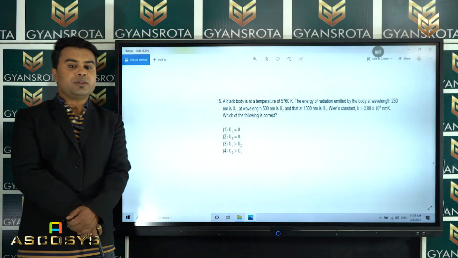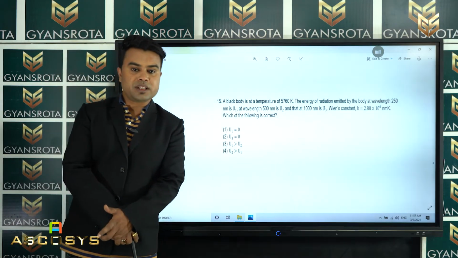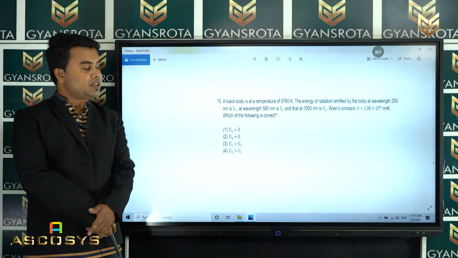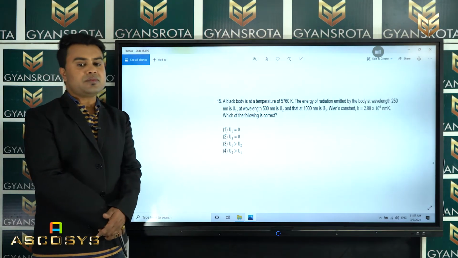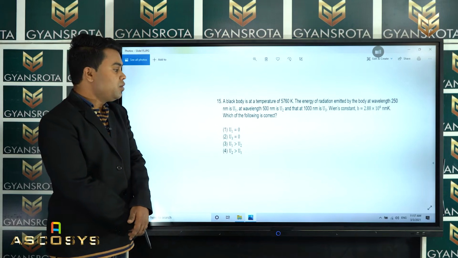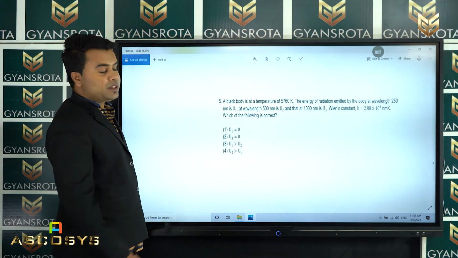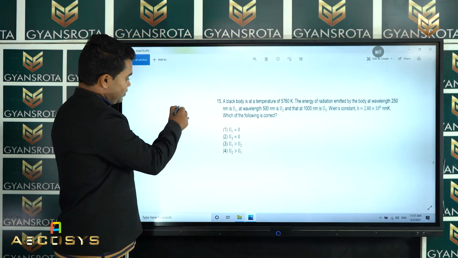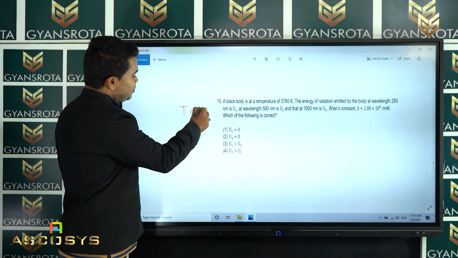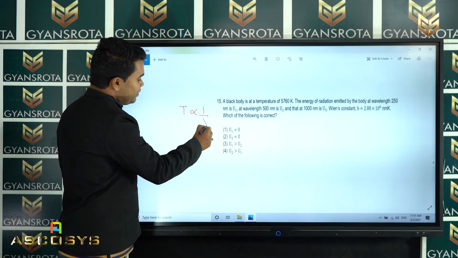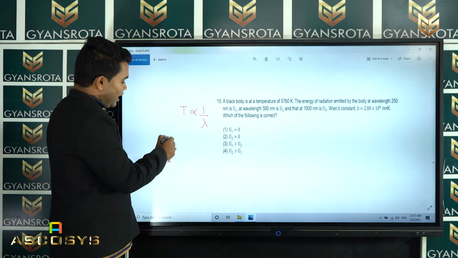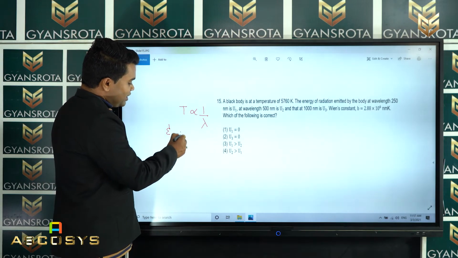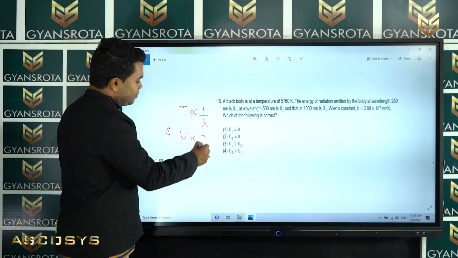Okay, we need to see which one is correct out here, which will be the correct option. So first thing from this topic you need to know is how wavelength varies with temperature. Temperature is inversely proportional to wavelength, right, and energy is directly proportional to temperature.